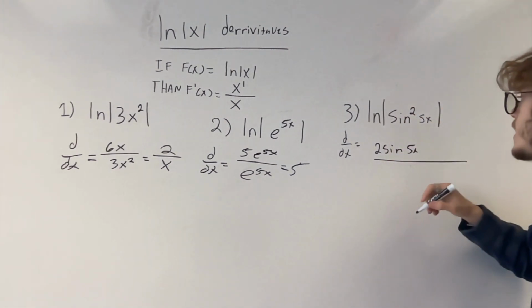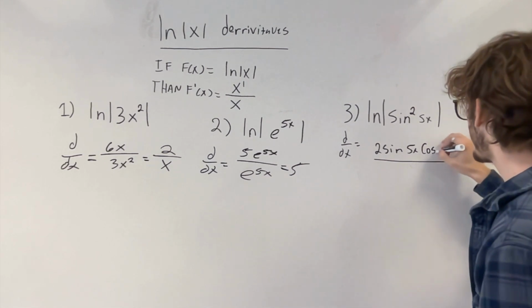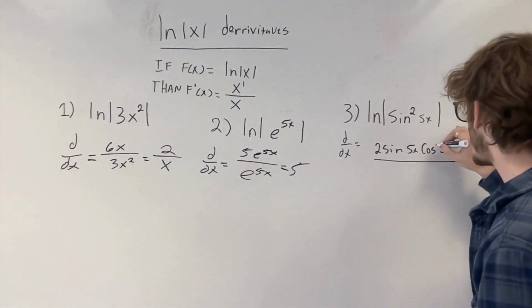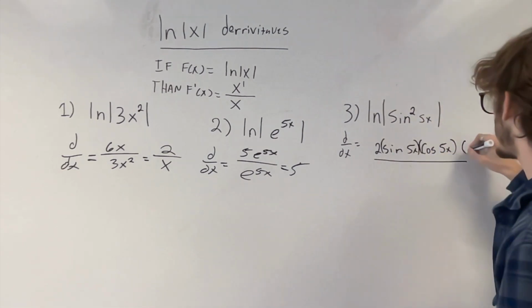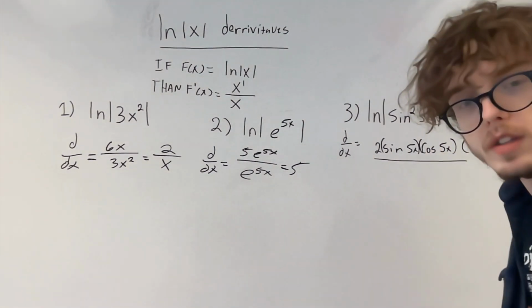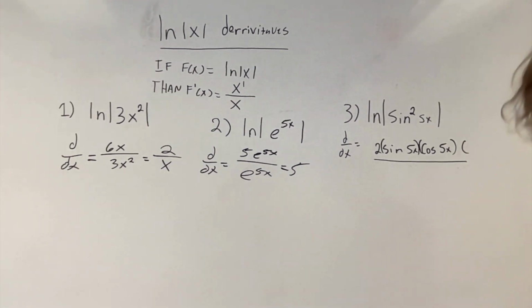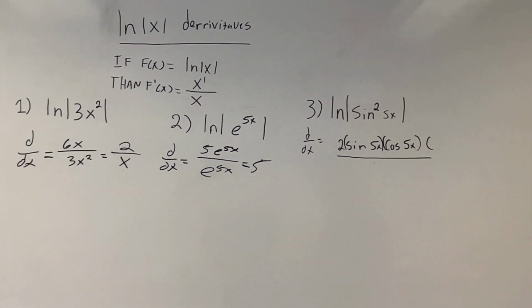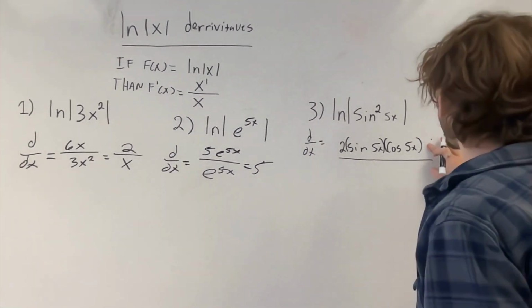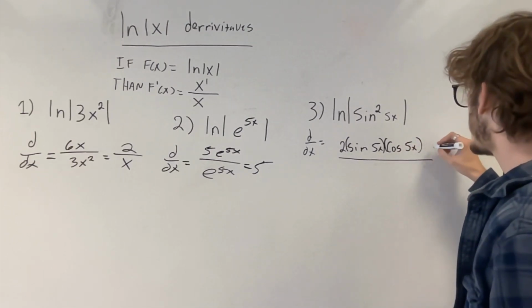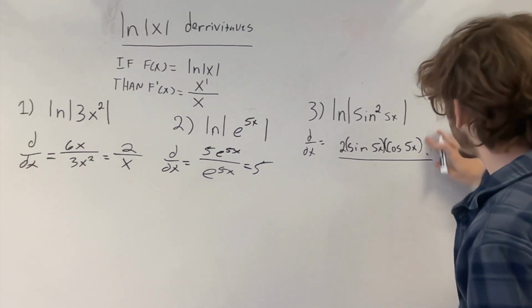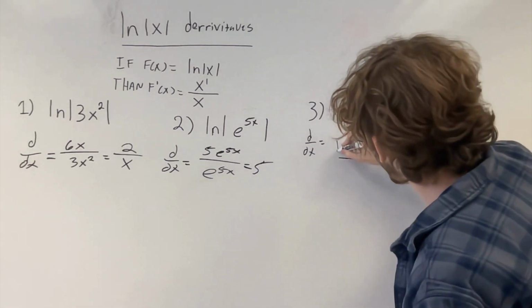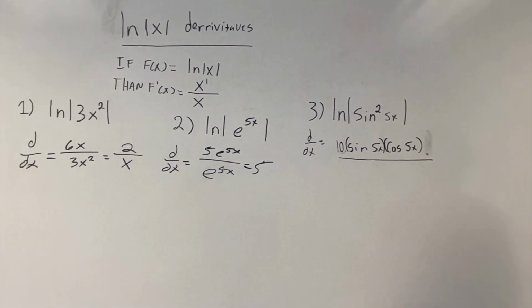Bring the exponent down, cosine of 5x, and I'll differentiate the terms here by putting parentheses around them. Let me move us over just a tad. So we had the cosine, and now we just take the derivative of the inside, which is 5. Combine the terms. Over here we have 10 sine 5x cosine of 5x.